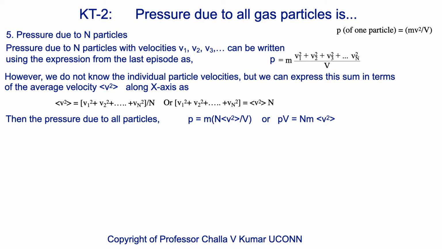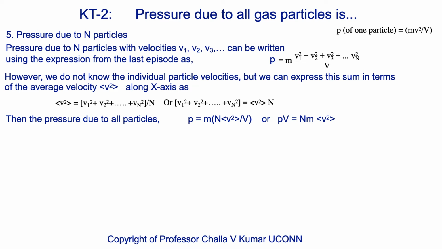So making this substitution, we can simplify the above equation: P, the pressure due to all particles, is simply equal to the mass of one particle multiplied by n, the total number of particles, times the average squared velocity, divided by the volume of the container.